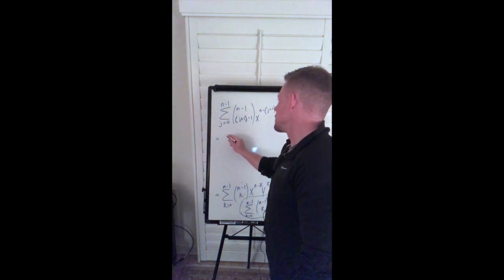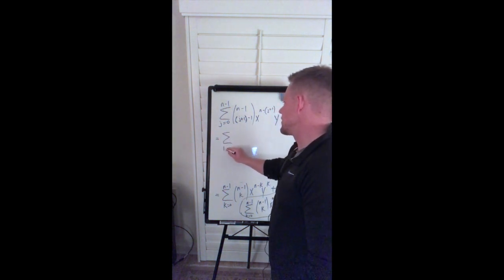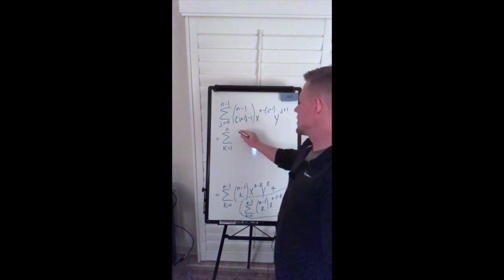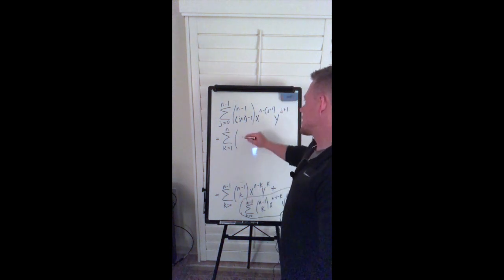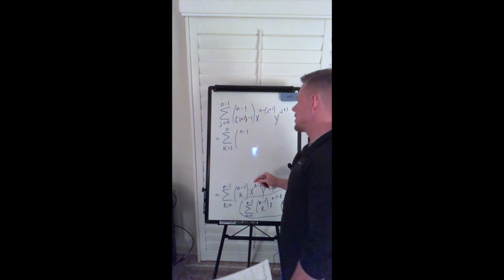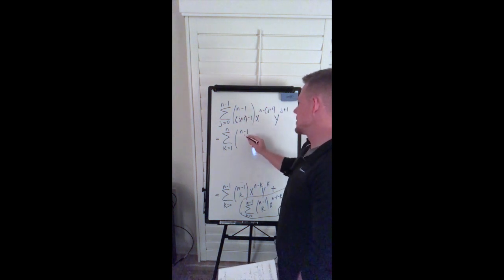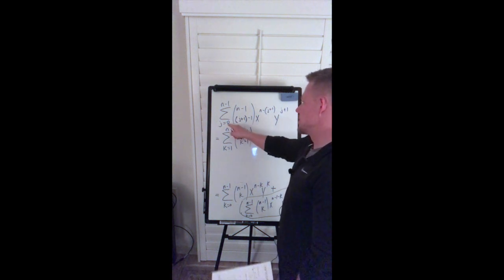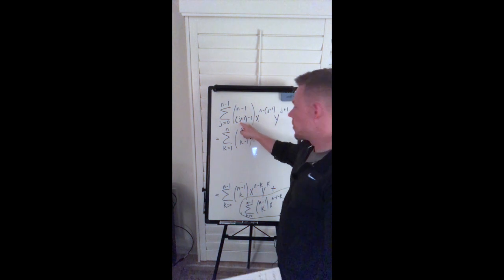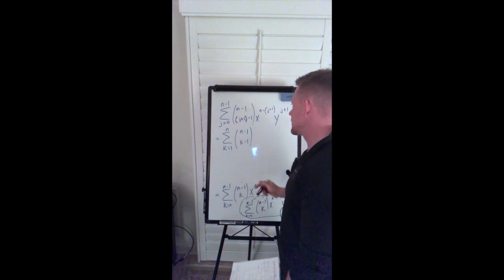So this is just equal to the summation of k equals 1 up to n of n minus 1 choose k minus 1, because when you plug in j is 0, you're left with 1, and we're starting at k equals 1.